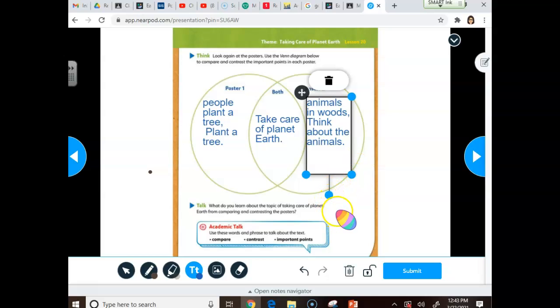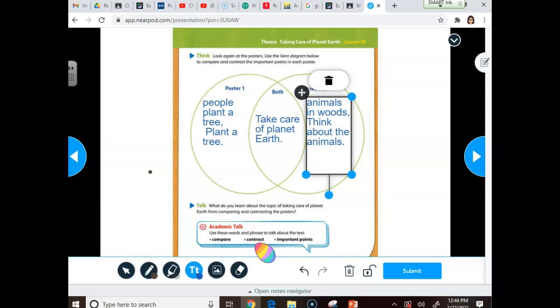All right, some new words that we learned today. Compare. When we compare two things, we are seeing how they are the same. Contrast means to see how two things are different. That's right.